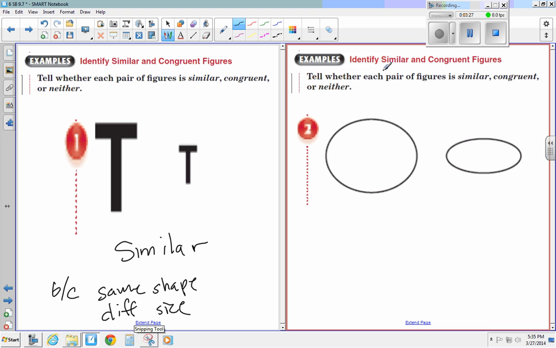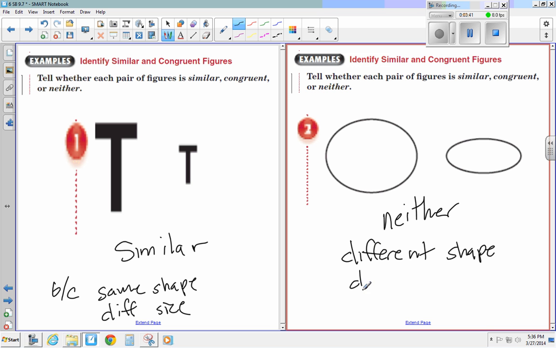Looking at these, are they similar, congruent, or neither? This one is neither because they are a different shape and different size.